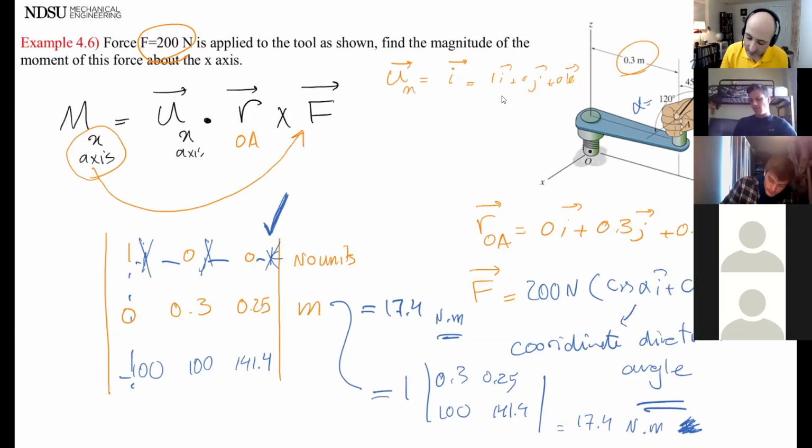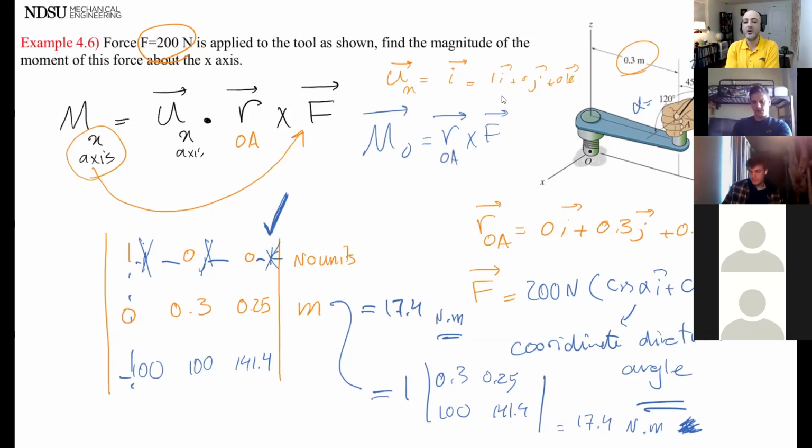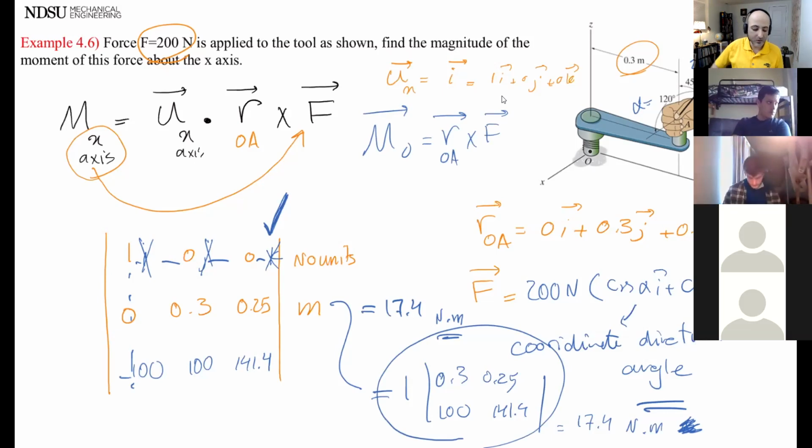So if you do moment about O, R cross F, that is totally acceptable, which is going to be OA cross F. You get something I, something J, something K, and then all you have to do is just pick the I component, and that will be correct. But if you are doing a U dot R cross F, do not put IJK in your matrix. Okay.